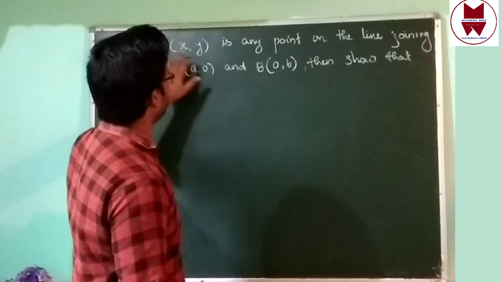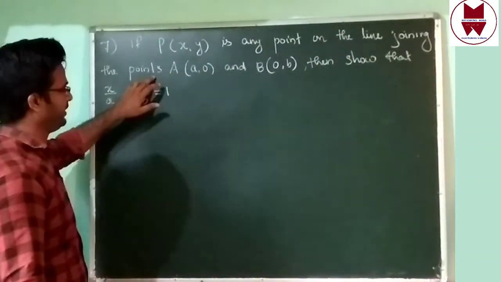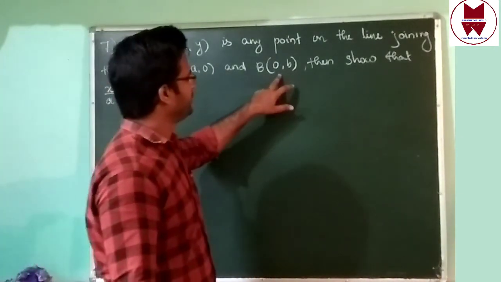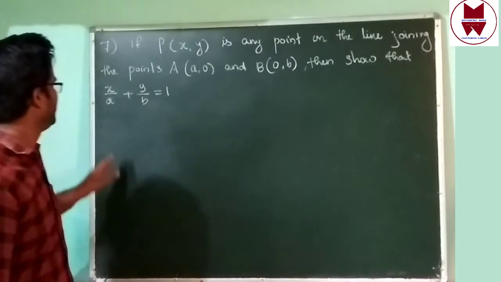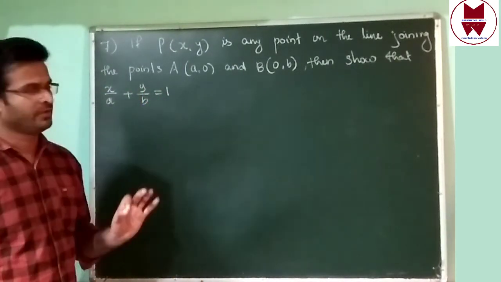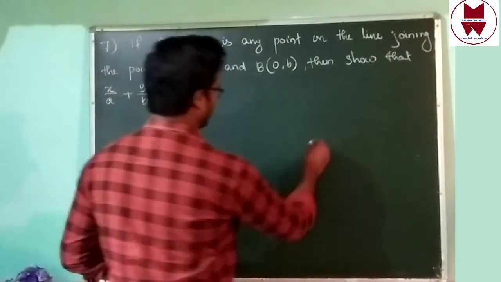If P(x, y) is any point on the line joining the points A(a, 0) and B(0, b), then show that x divided by a plus y divided by b equal to 1. Here one line segment is given, we can draw that line segment.